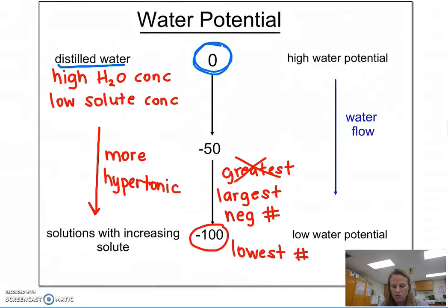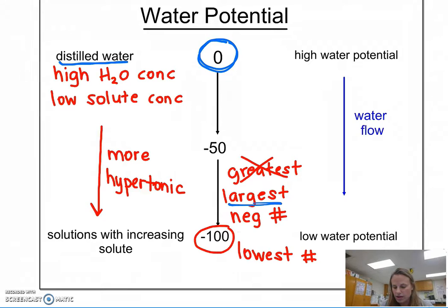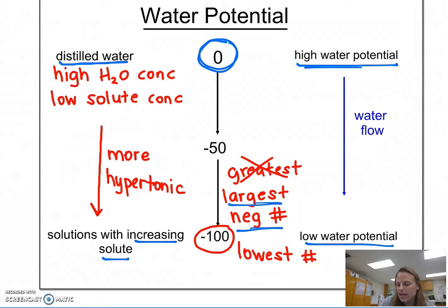As I go towards a larger negative number, the solution becomes more hypertonic. It has an increasing amount of solute, meaning I went from a high water potential to a low water potential. A high likelihood that I would take up water to a low likelihood of taking up water.